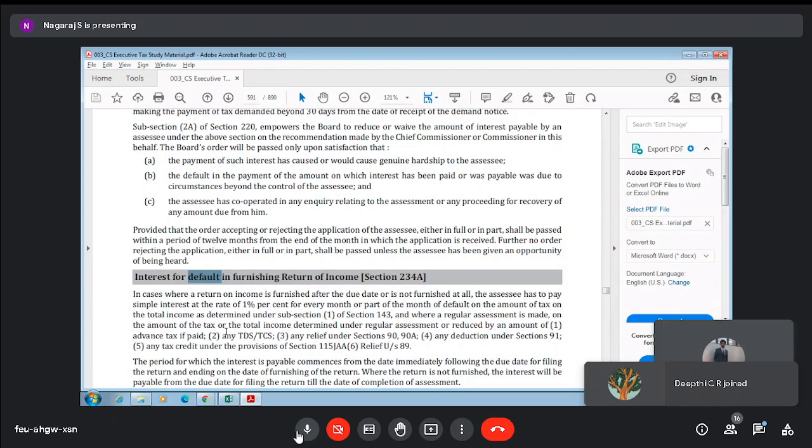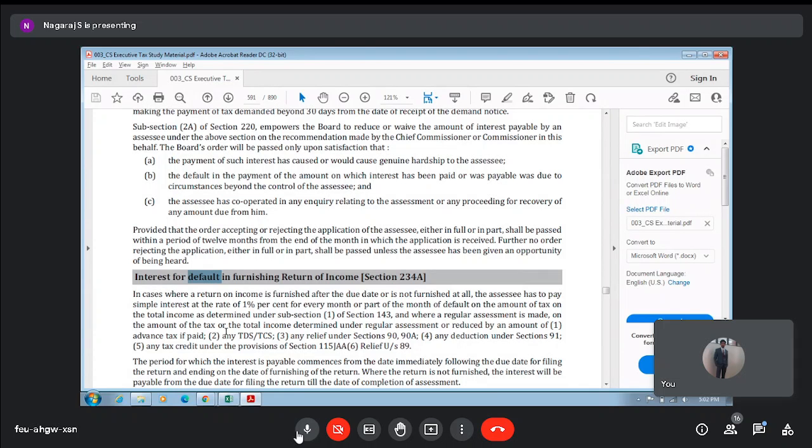If you do not file the return on these specified dates, then for each month of delay or part of a month, you will be charged 1% interest until you file the return.